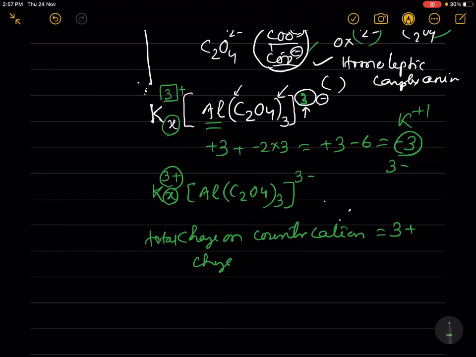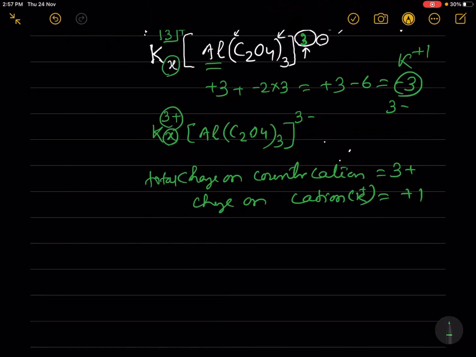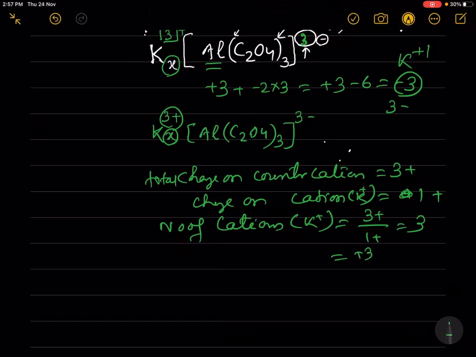However, the charge on one cation K plus is plus 1. I will write 1 plus. Then the number of cations K plus, how much? 3 plus by 1 plus is equal to 3, or you can write plus 3 by plus 1 is equal to 3. So here x is found to be 3.